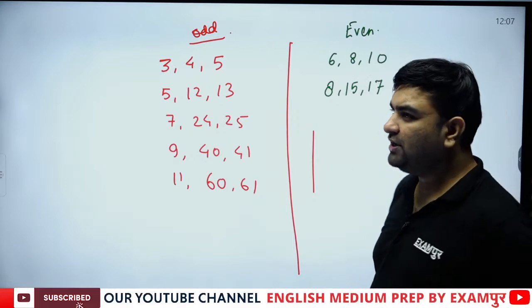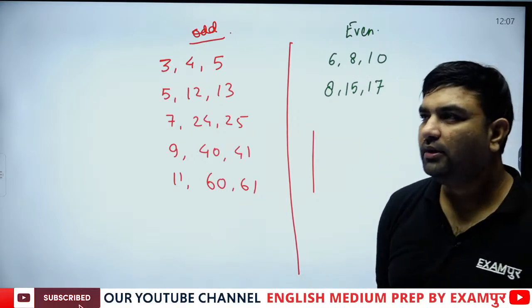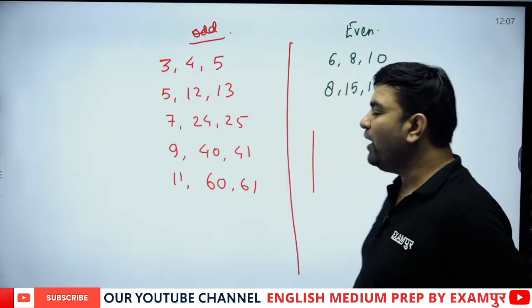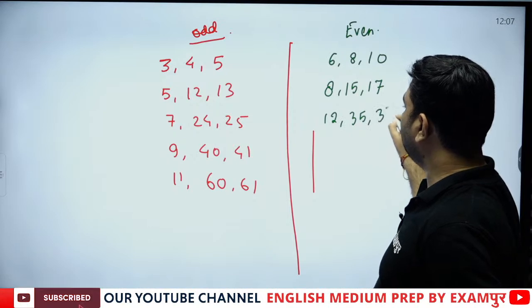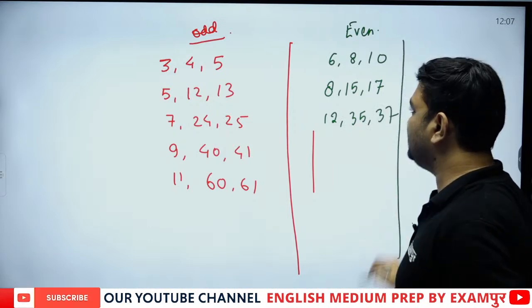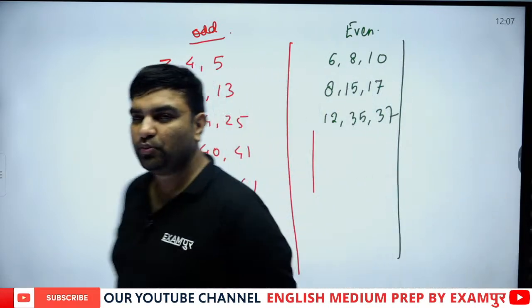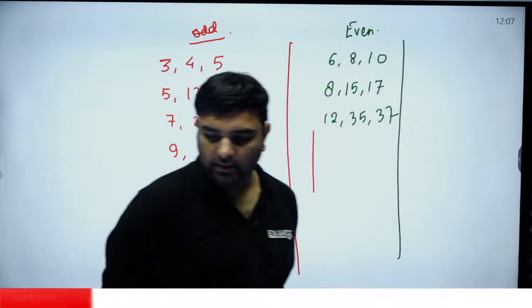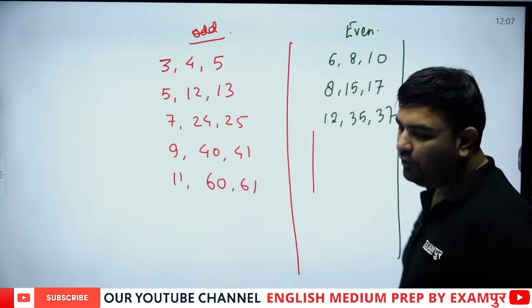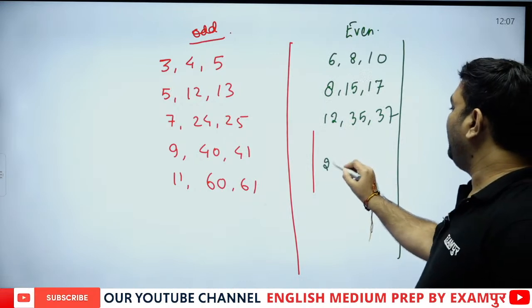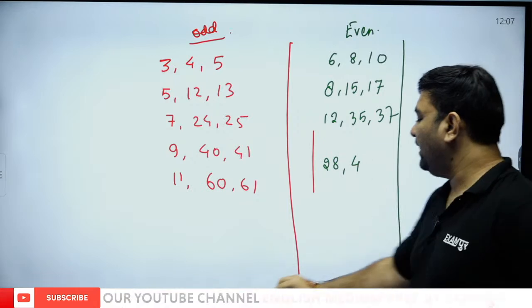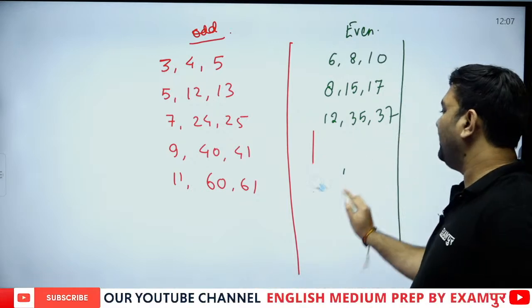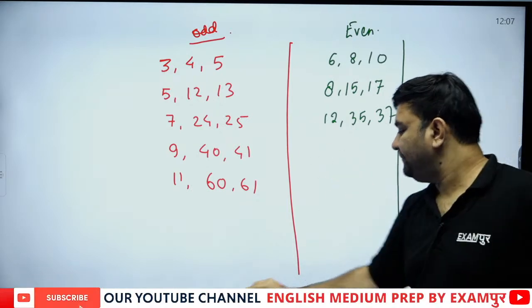From 10, there is no such famous one. Then 12, 35, 37. So these are some of the famous even triplets. There is also 28, 45, 53, but that will come in other triplets.